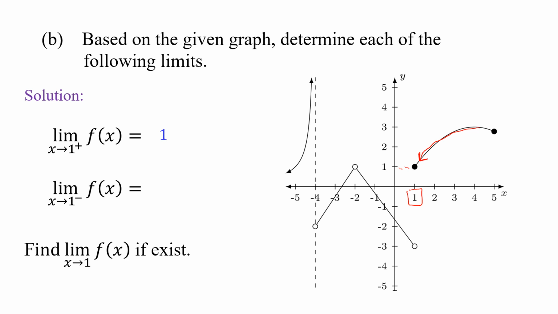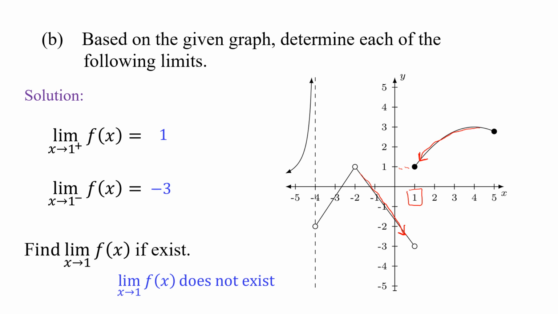Next, we want to find the limit as x approaches 1 from the left. Look at the graph that is less than 1. And we can see that when x approaches 1 from the left, then y approaches negative 3. Therefore, we can say that the limit as x approaches 1 of f(x) does not exist.